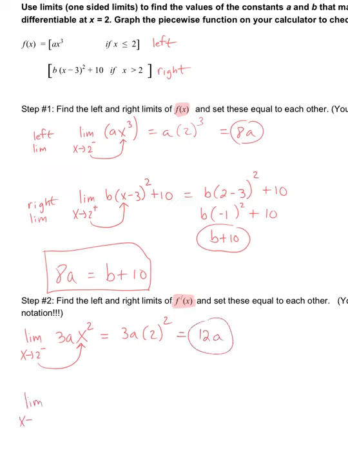The limit as x approaches 2 from the right, but I need the derivative of this function up here. So b is a constant, a number out front. That comes along for the ride. Now for this part right here, that is a chain rule. The outer function is something squared, and the inner function is x minus 3.